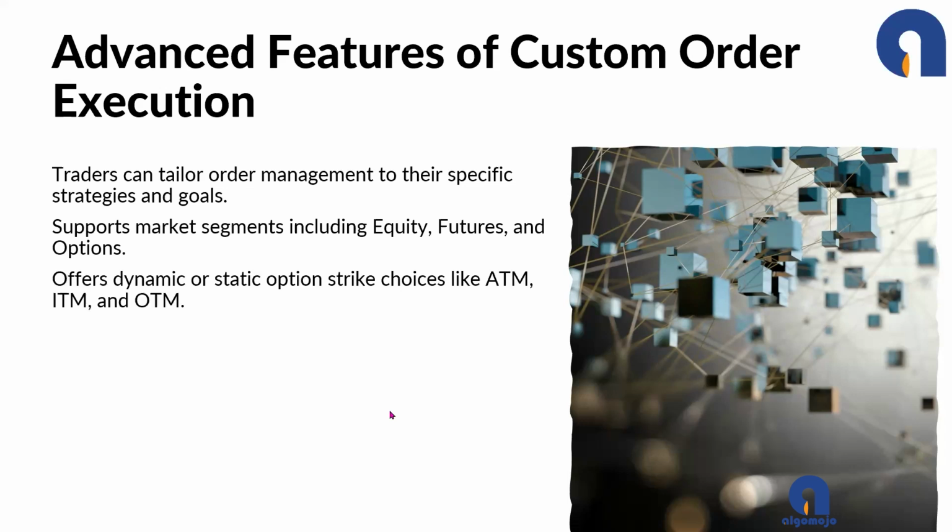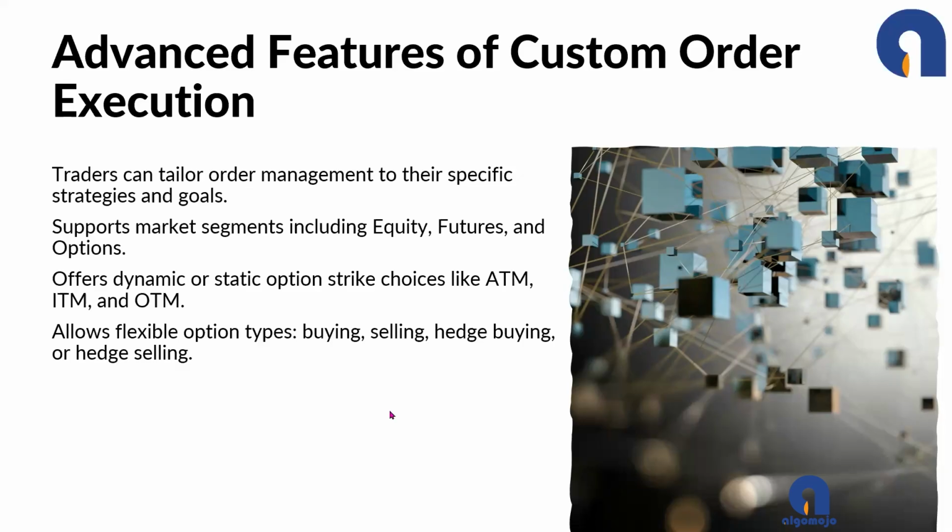So you can trade in options like ATM, OTM, or ITM. Up to 20 strikes in the money and out of the money can be defined for trading purposes. If you are a buyer, definitely you can use this. And if you want to write options, that's also possible. Whenever there's a signal coming in, you can either write a call or write a put based on those signals.